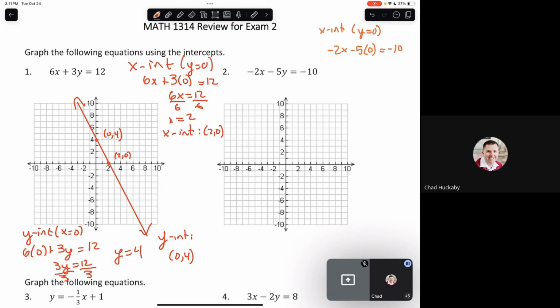The 5 times 0 drops out, and we get negative 2x is equal to negative 10. Divide both sides by negative 2, and we get x is equal to 5. So our x-intercept is the point 5, comma 0. And we would graph that right here. 5, 0.